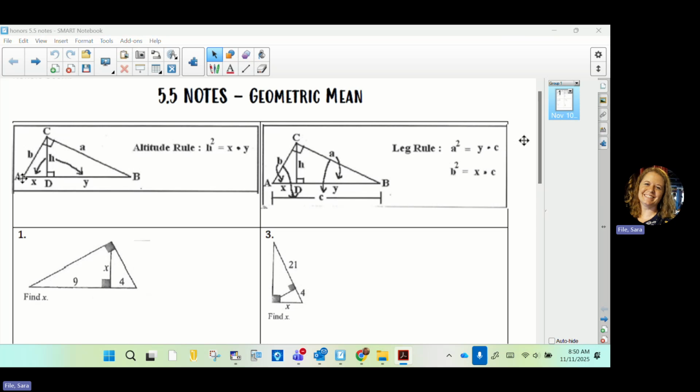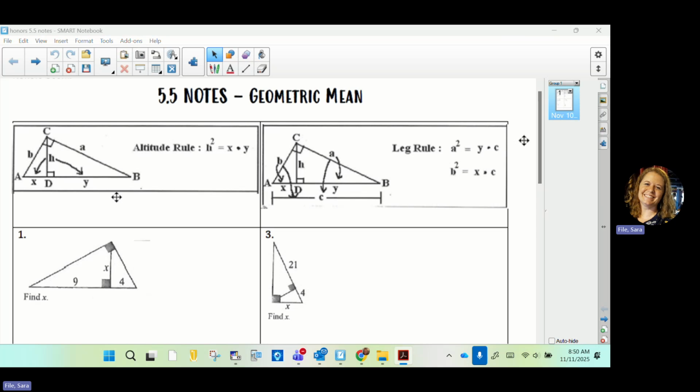So vertex A, across from it is leg A. Vertex B, across from it is leg B. And notice the vertices are capital letters, the lengths are lowercase letters. Is everybody good with how things are labeled here?